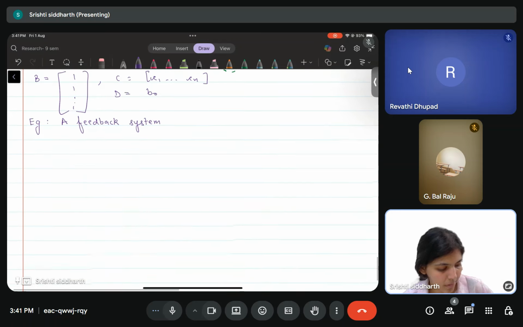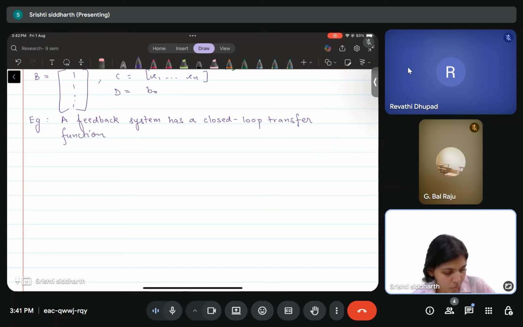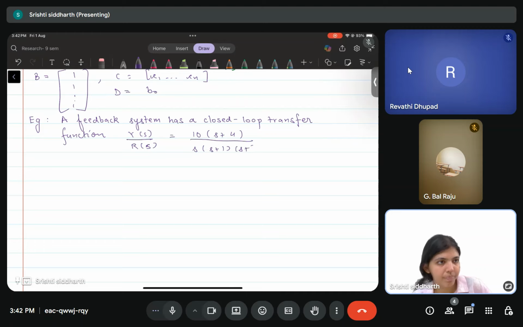That's fine. So a feedback system has a closed loop transfer function of the form Y(s)/R(s) = 10(s+4)/(s(s+1)(s+3)).